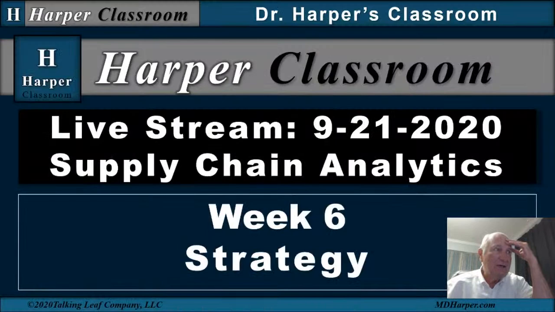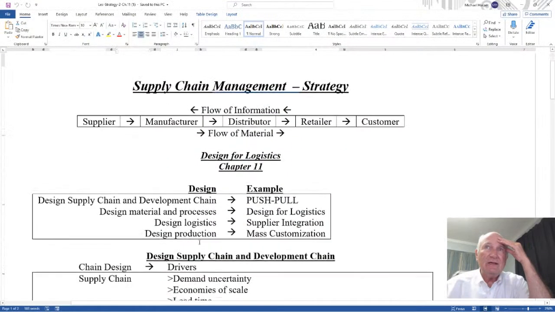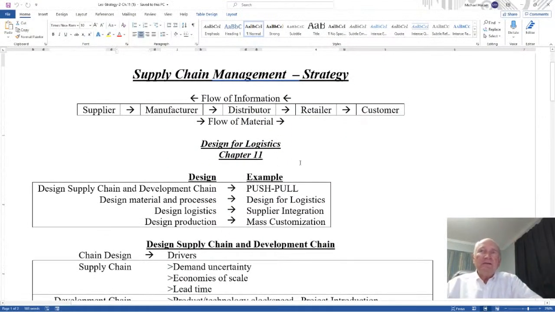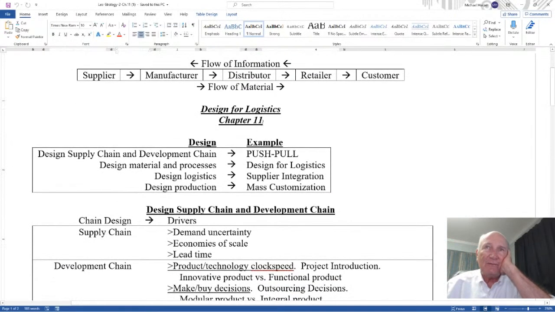Okay, next we look at the design for logistics. So there's the push-pull, usually by lead time and demand and inventory. Now let's look at logistics. Here, in Chapter 11, we design for the supply chain and something called the development chain.